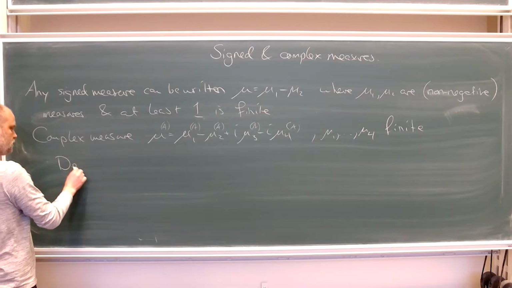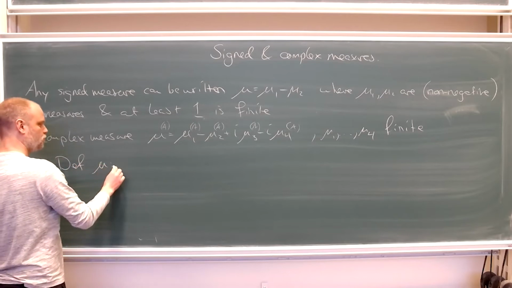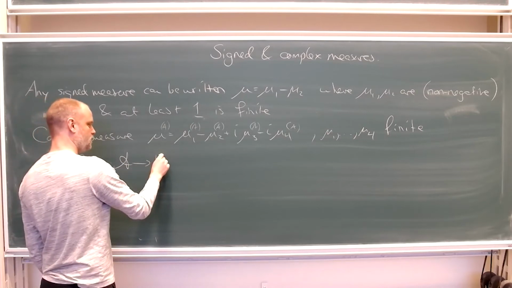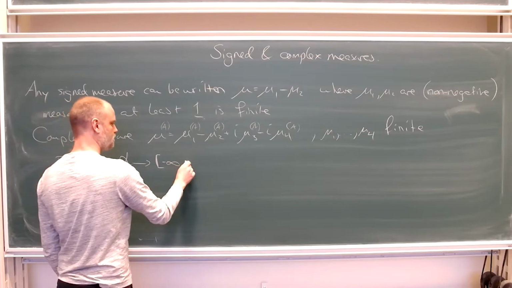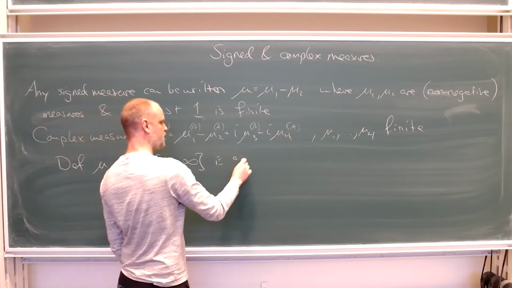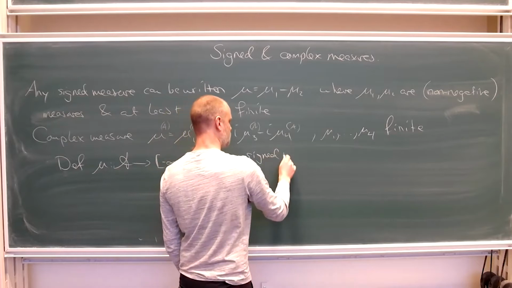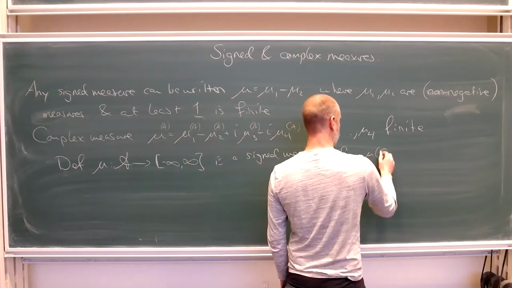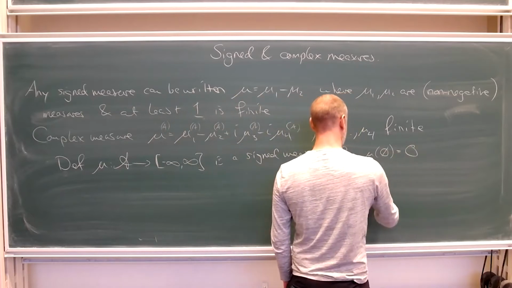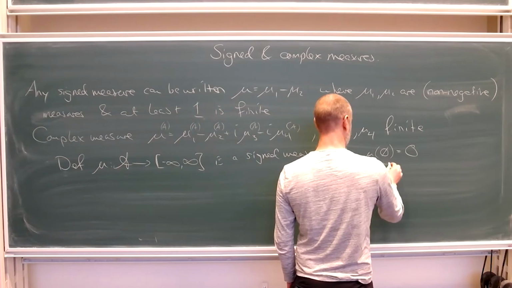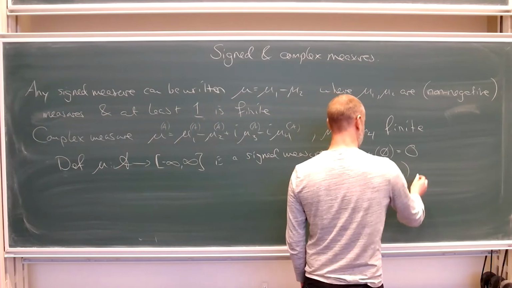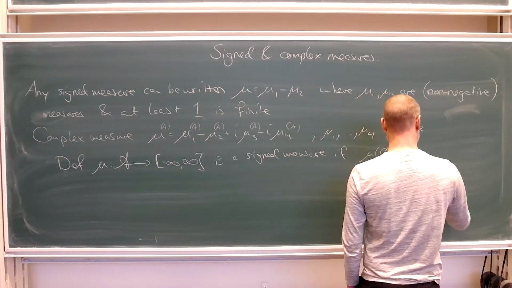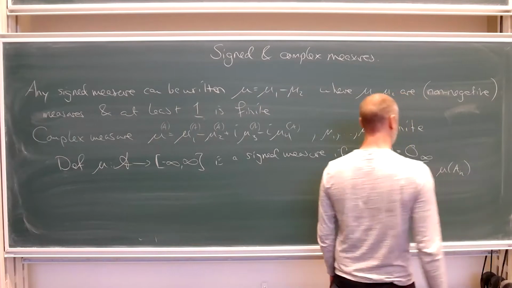So definition: a function mu on some sigma algebra with values in the extended real line is a signed measure if mu of the empty set is equal to 0 and mu of an infinite union of disjoint sets A_k is equal to the infinite sum of the mu of A_k.